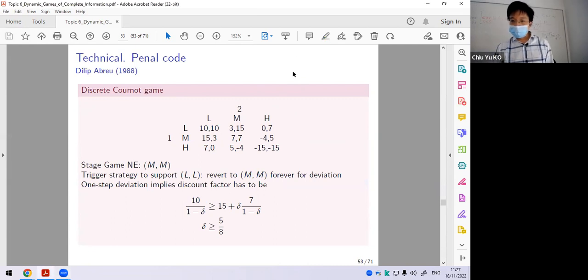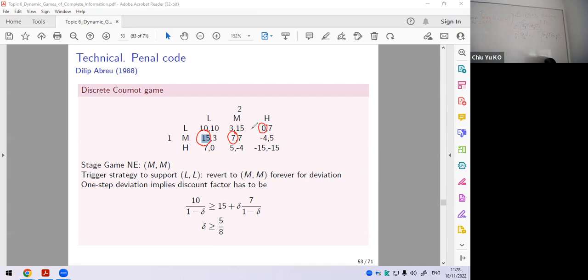So let me highlight it, no, I circle it. And given the other guy chooses M, the best thing I can do is 7. And given the third, it's 0. So it's 15, 7, 0.